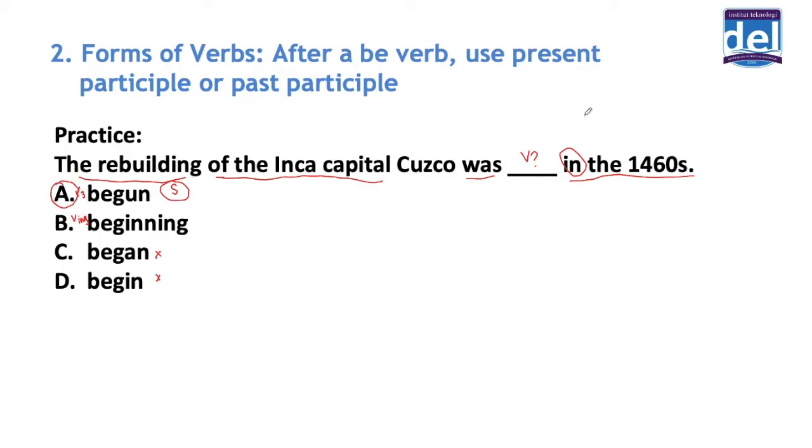And if you are still not sure, you can test the meaning. Because the subject is the rebuilding, I believe you guys agree with me that it will make sense if the subject here, the rebuilding, receives the action, right? That means the sentence is in passive voice. Therefore, the answer is A.